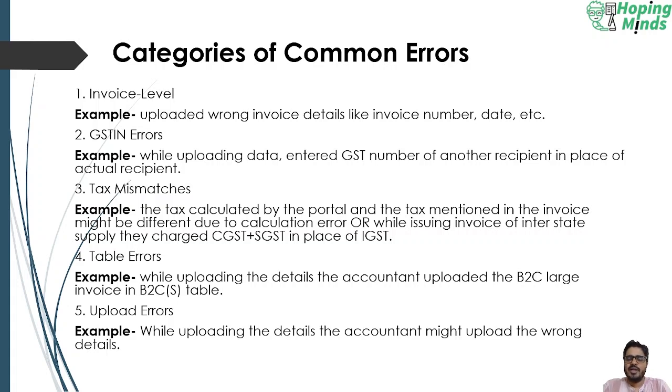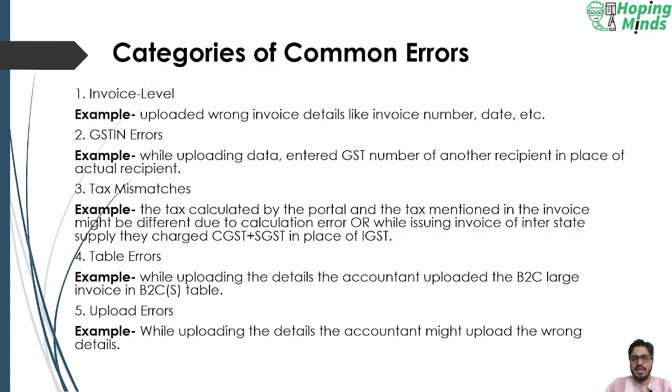If such errors are identified after the filing of GSTR-1 return, then they can be amended in the subsequent period GSTR-1 return using the amendment tables, that is table 9A of the GSTR-1 return. We will see these amendment tables later on.